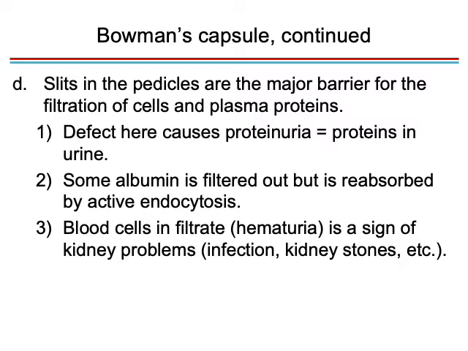Both provide a huge barrier for the filtration, the moving of blood cells and large molecules like proteins. Now, if you have protein in your urine or blood cells within the urine, that is usually a sign of some sort of kidney problem like infection, kidney stones, cancer, etc.